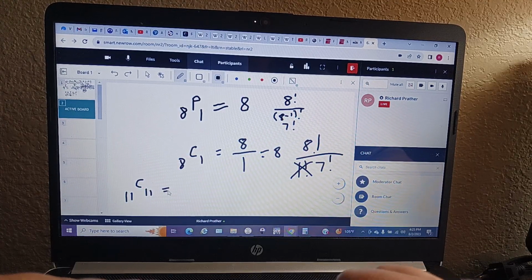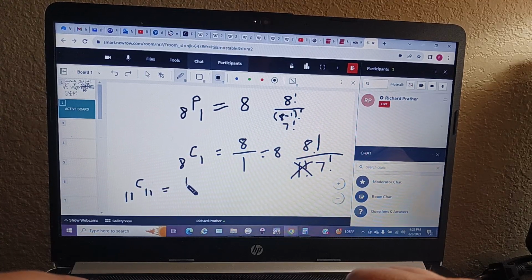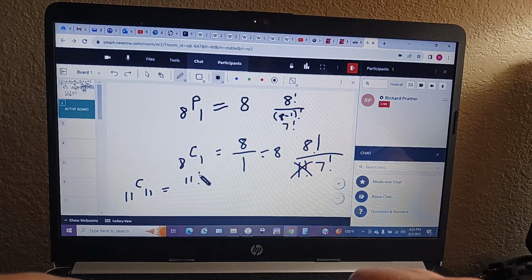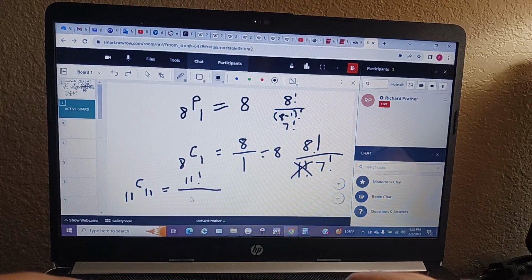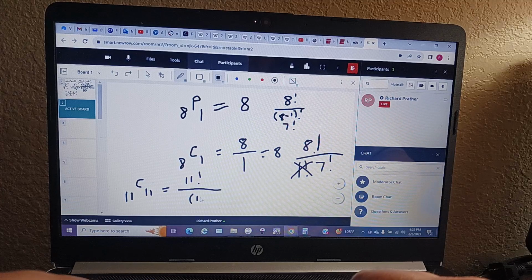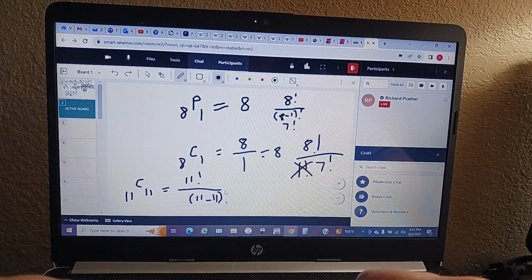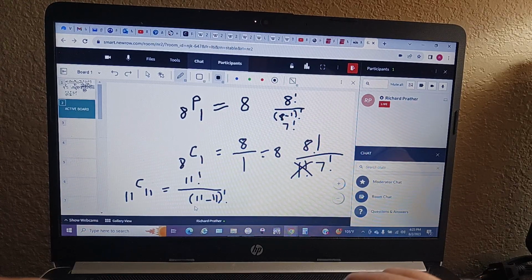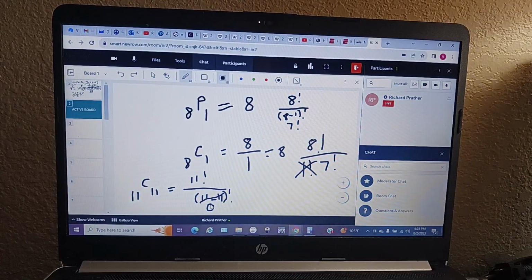you're taking the front 11 and doing that as a factorial in the top. And then you subtract the two numbers as a factorial in the bottom. This is a permutation so far. And 11 minus 11 is 0. Remember that 0 factorial by rule is 1. So if you just do this much, you have a permutation, and you literally have 11 factorial divided by 1, which is 11 factorial.